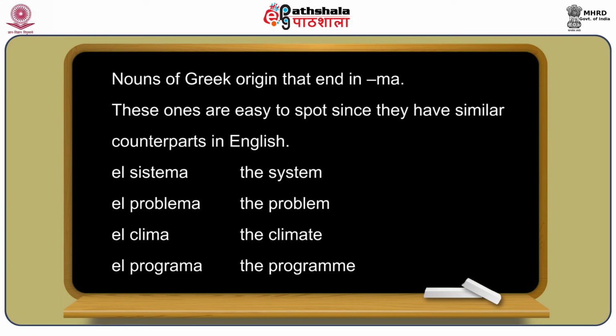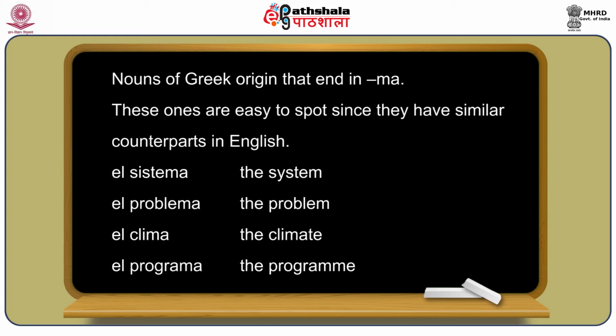Apart from these, there are nouns of Greek origin that end in ma. These ones are easy to spot since they have similar counterparts in English as well. For example, in English we say system, problem, program. So all these in Spanish will be masculine. For example, el sistema, so it ends with ma, so it is masculine.